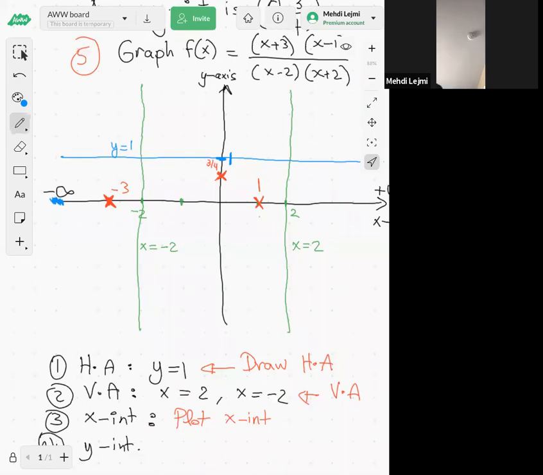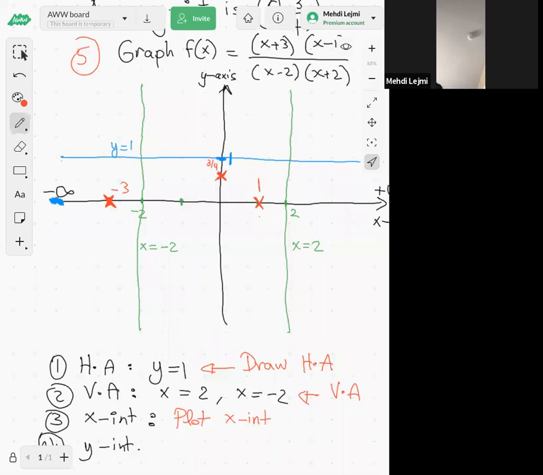We said that the horizontal asymptote, y equals 1, is an asymptote because when x is at negative infinity, the value of the function f is going to be very close to your horizontal asymptote. So my graph f of x is supposed to be as close as I want to the horizontal asymptote.